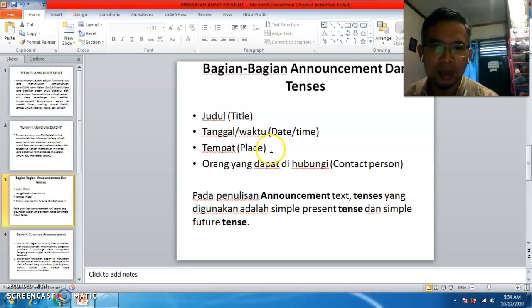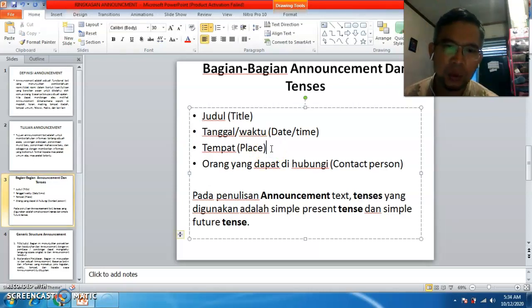Sometimes people do not understand the announcement, so the announcement should consist of a contact person. I said before, if someone does not understand the announcement, she or he may contact the person that is available in the announcement. It is a part of the announcement to support the announcement being delivered well.